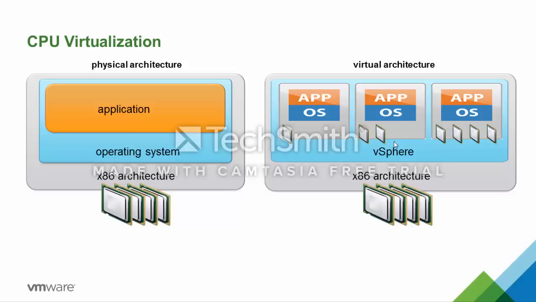So we can build these VMs with different virtual configurations, and of course those virtual CPUs map to an underlying physical CPU in order to do whatever computational work it needs to run. That doesn't change, right? It still needs the physical processor.